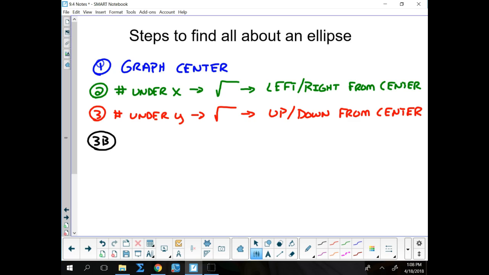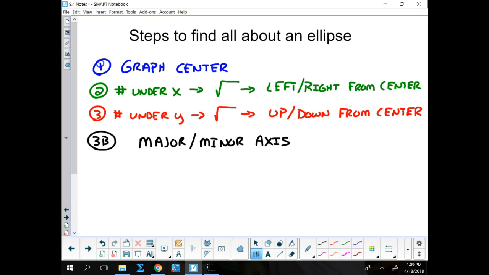So we can identify which one is our major axis and which one is our minor axis.